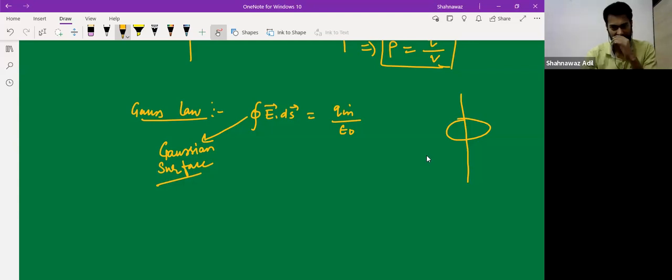So E dot ds would be what? This is your ds, and this is the radius r, and this is the Gaussian surface.